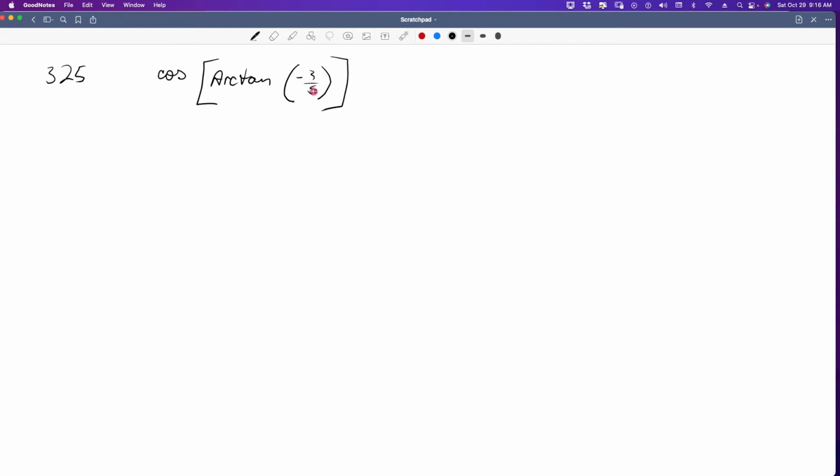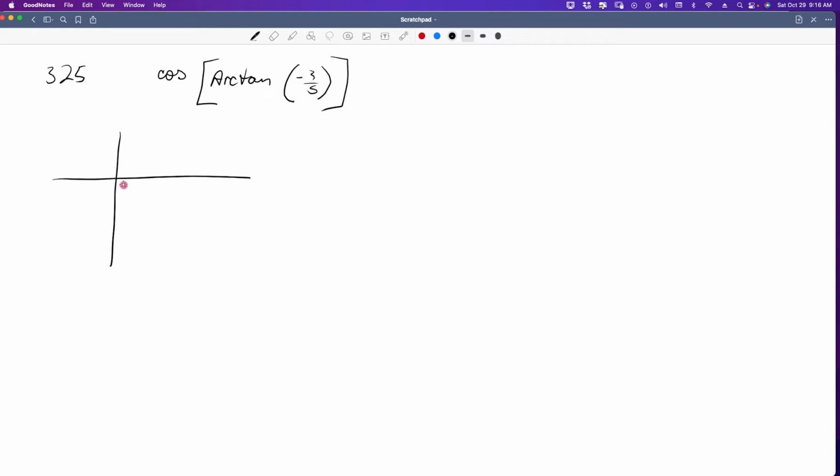Well, guess what? That's not in any of our reference triangles. So this is an unknown degree of measure, and we've got to figure that out. First of all, look at the sign here. This is a tangent, and it's negative. So this is going to be in quadrant 4. That is where that angle lives.